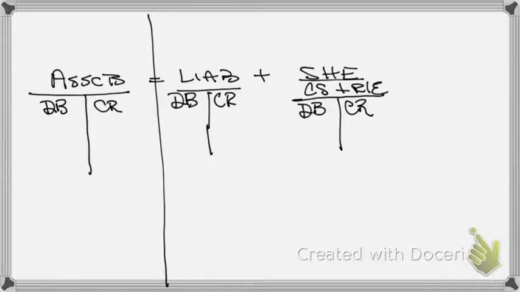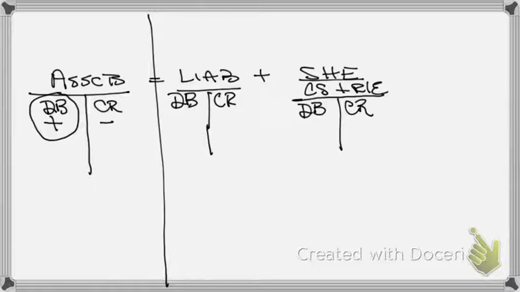But on the left side, a debit is going to increase your account, and a credit is going to decrease it. Right? So if you have cash and it's going up, it's going to be a debit.